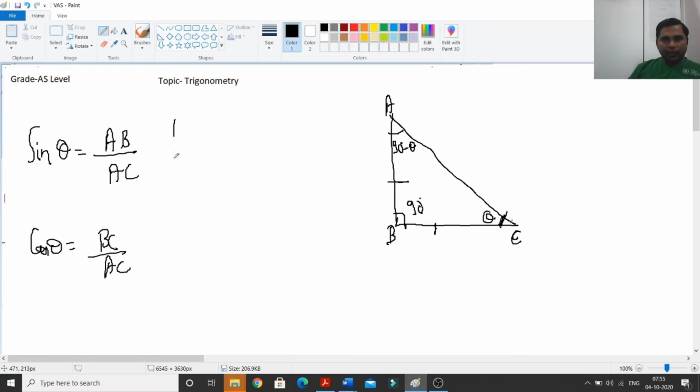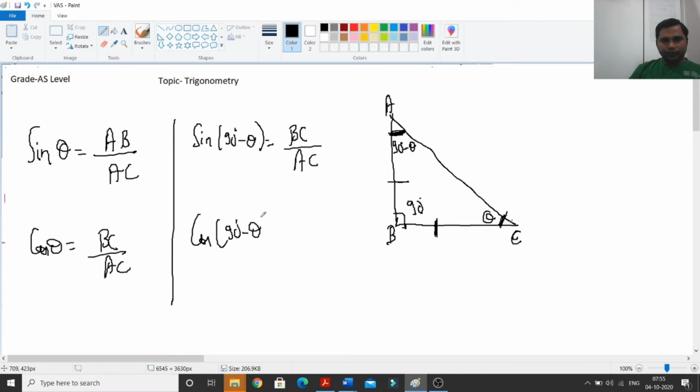Now, if you take this, which is 90 minus theta, so if we write sine of 90 minus theta, which is opposite here is BC, so BC over hypotenuse AC, and cos of 90 minus theta is equal to AB, which is the adjacent here, if you are taking this angle, so AB over AC.